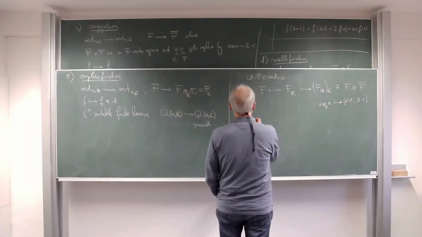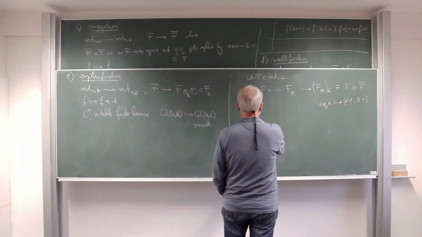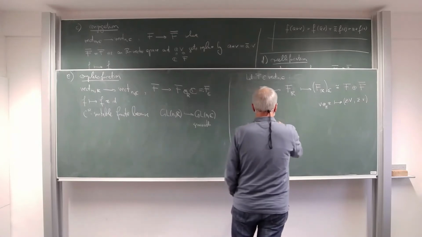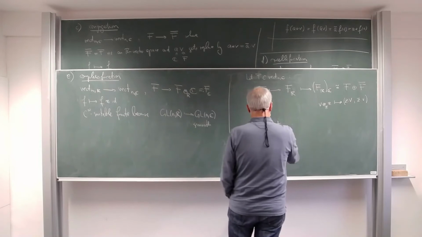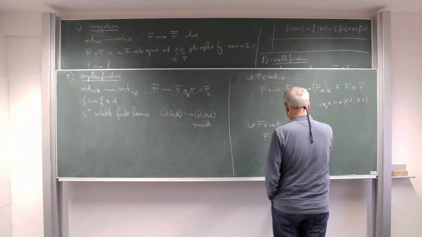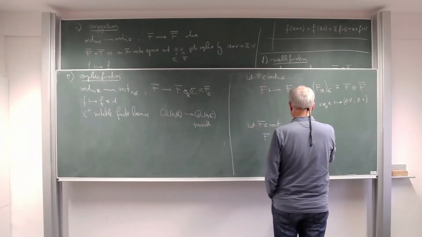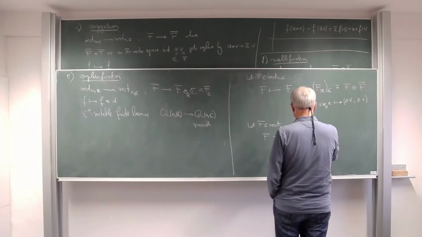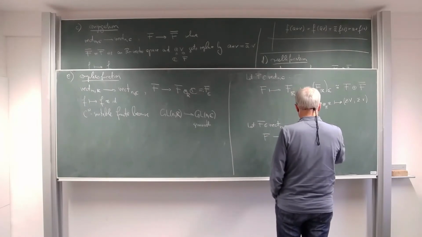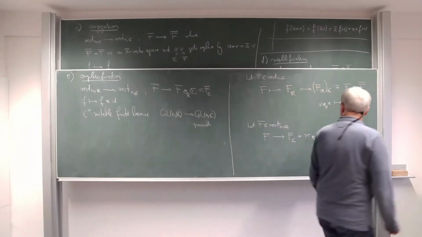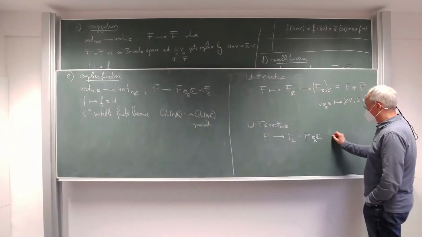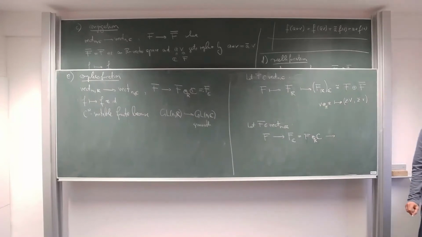Now, the other way around, let F be a vector space over the reals. Let's first complexify. And now, let's realify again, meaning we forget the complex structure.